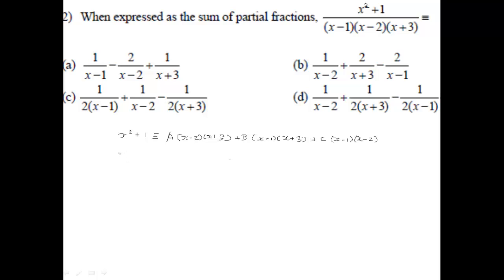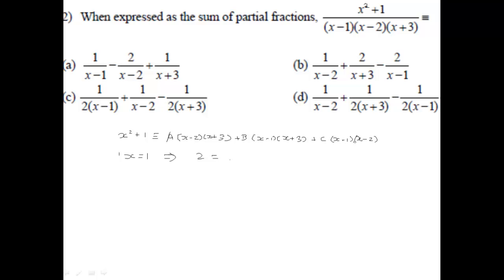So we'll start off by making x equal 1. And that implies then that we've got 1 squared plus 1, 2, equal to, we'll lose this bracket because that becomes 0, so that means the B term is all zeroed out.